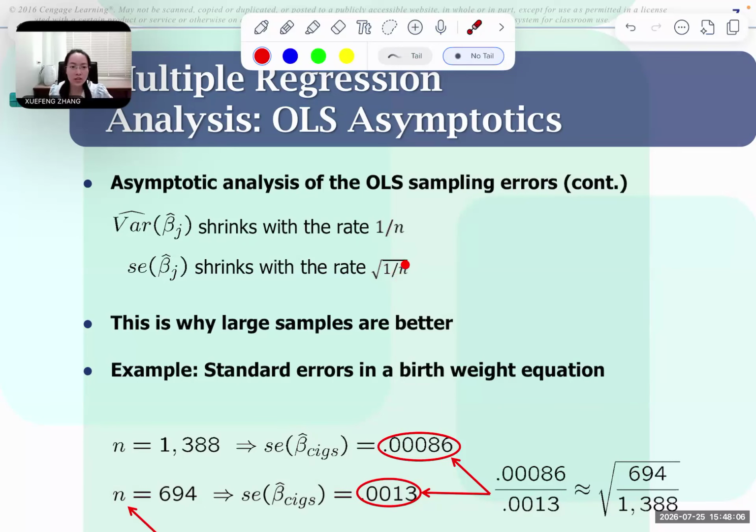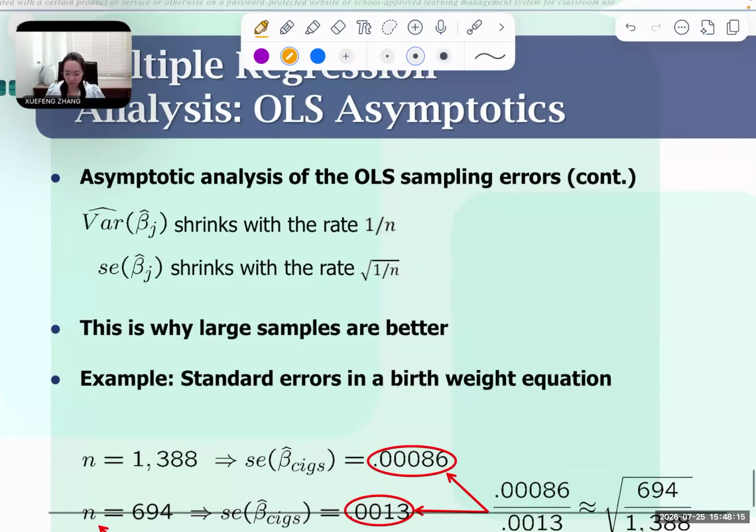You need to quadruple your sample to cut SE in half.